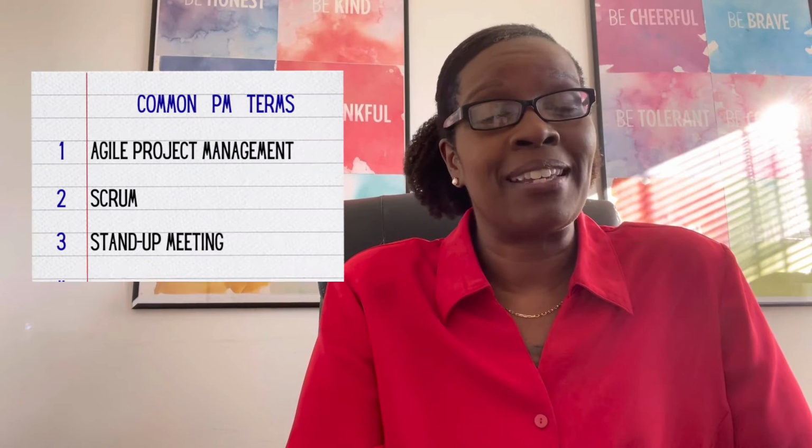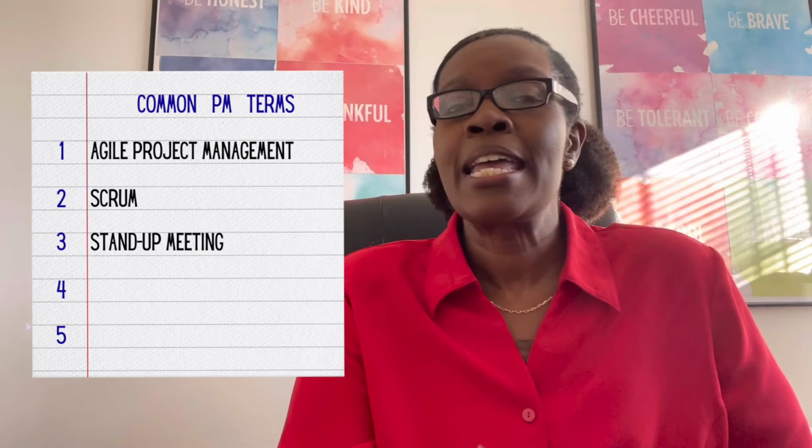The next common term is stand-up meeting. Now, pretty simple term, right? This can also be known as or equated to the daily Scrum. This is a short meeting where every team member reports on their progress. It's usually held at the same time, same place each day. So the daily Scrum or the stand-up meeting is that time where the team is getting together, they're collaborating as a whole group, and they're tracking on their progress.